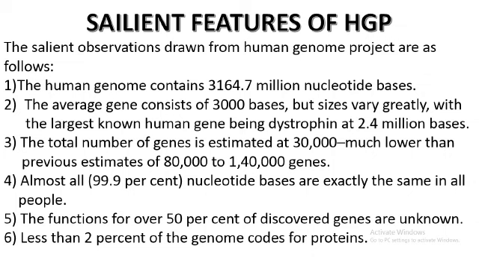To code for those proteins, the genome required is less than 2%. Then what is the role of the other 98% of the genome in human beings? That is not known. This is another important salient feature of the Human Genome Project. We will continue with the remaining four salient features in the next slide.